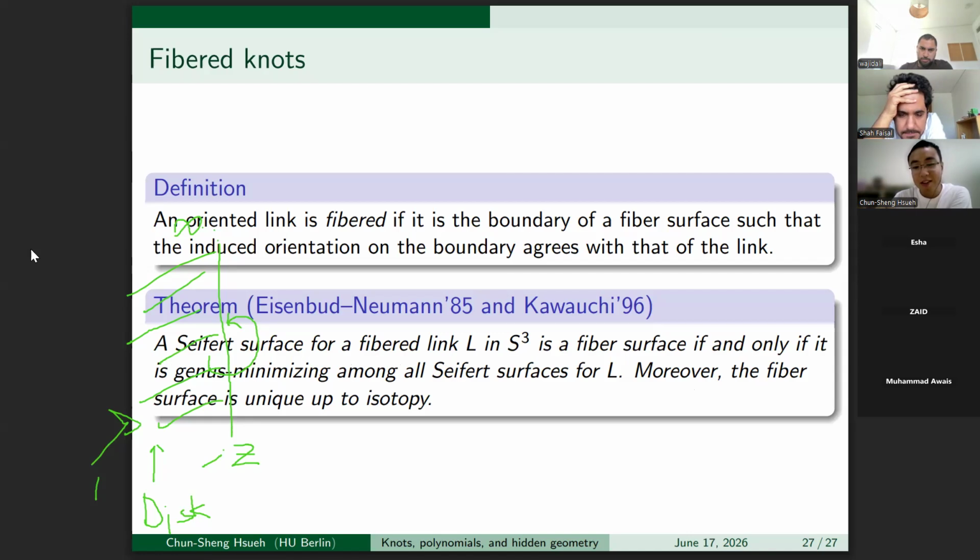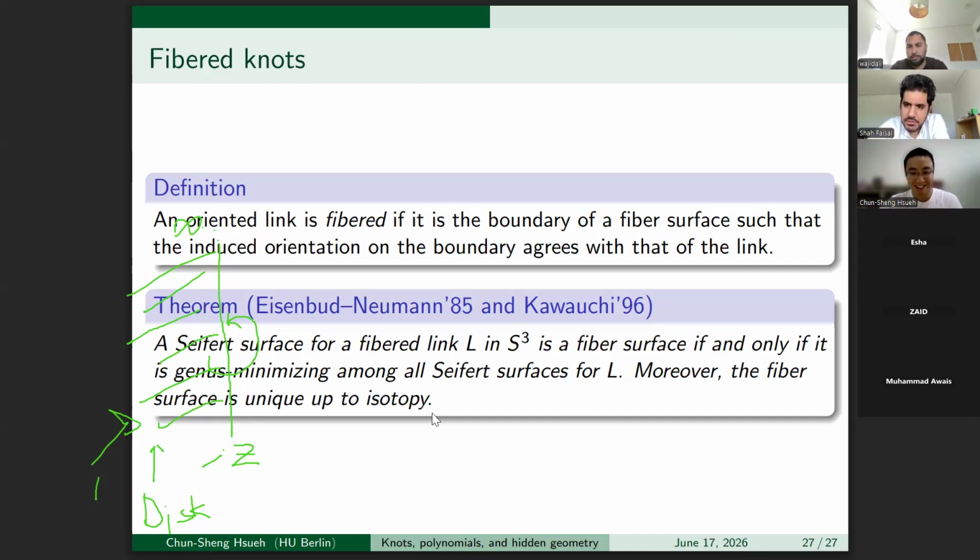The last part of the statement says that the surfaces are unique up to isotopy. So if a link is fibered, it has a unique minimal genus Seifert surface that can fill up your whole space in this one S1 parameter family. So this was part of your question?